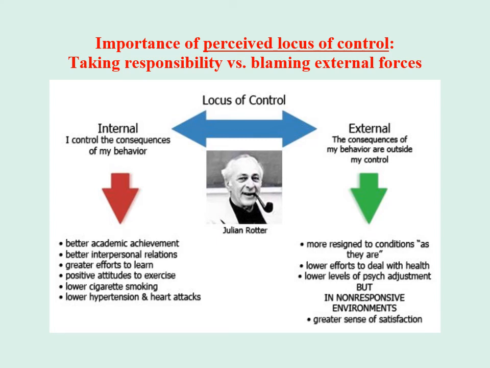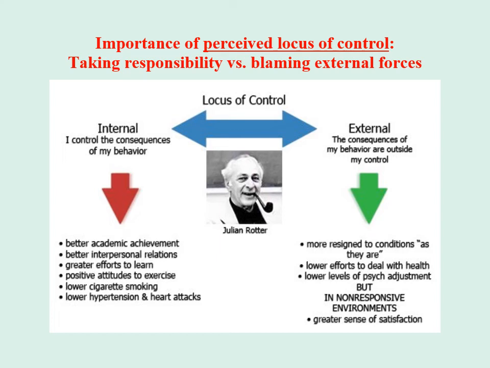As you can see, a belief in internal control is associated with better academic achievement, better interpersonal relations, greater efforts to learn, positive attitudes to exercise, lower cigarette smoking, and lower hypertension or heart attacks.